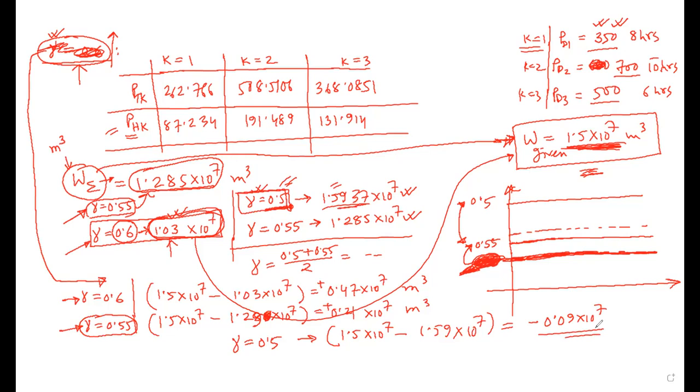So in a nutshell, if the error is positive, you have to reduce the gamma. If the error is negative, we have to increase the gamma. And we have to take the averaging.